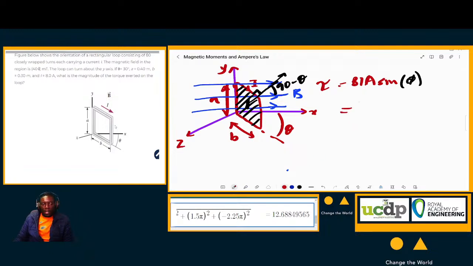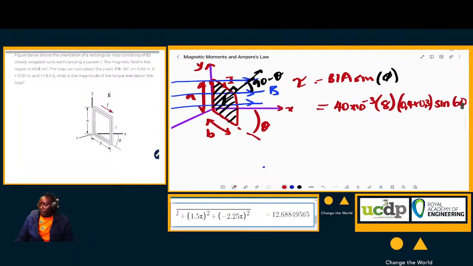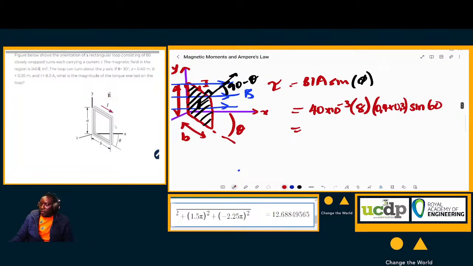We have B given as 40 millitesla, multiplied by I, which is 8, multiplied by A, which is 0.4 times 0.3, then multiplied by sine. What is theta? Theta is 30 degrees, so sine of 90 minus 30 is sine 60. So that should give us the torque.